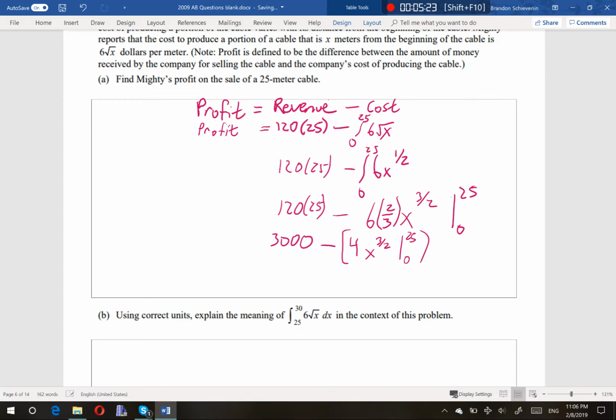I'll write it out. 4 times 125 minus 4 times 0 should give me 3,000 minus 500 is 2,500. And this is profits. This is $2,500. Any questions on what we did for part A? No.